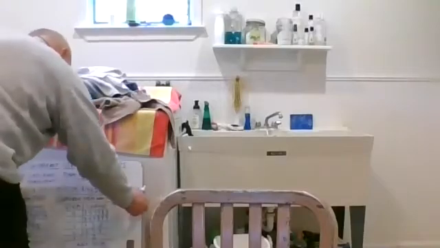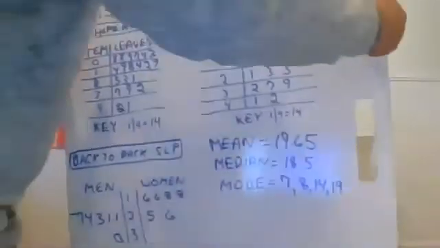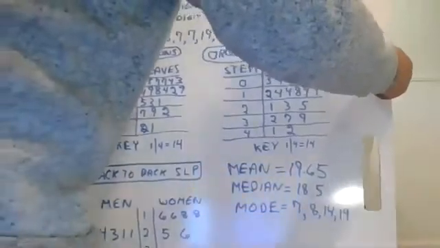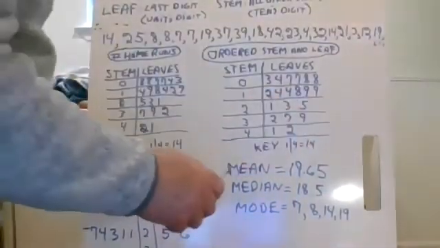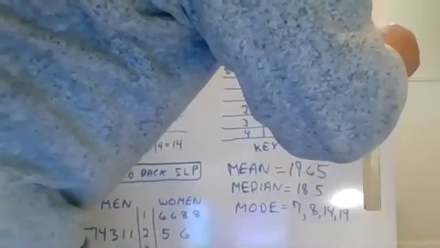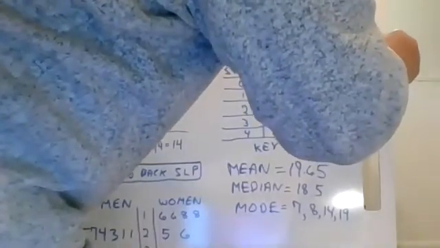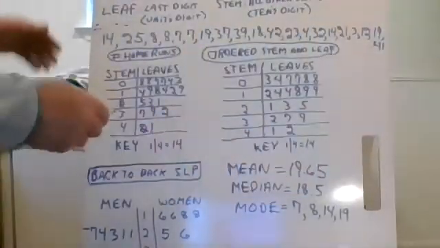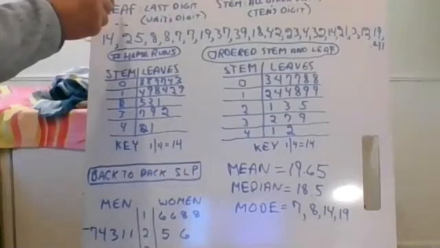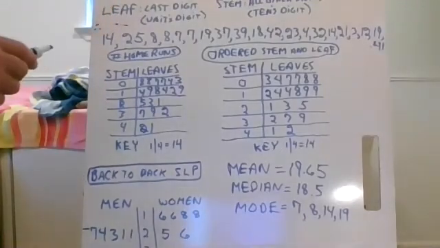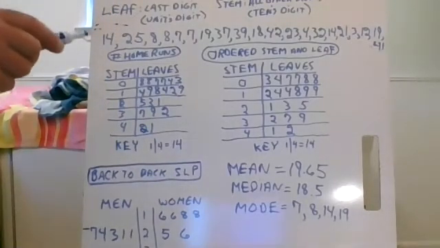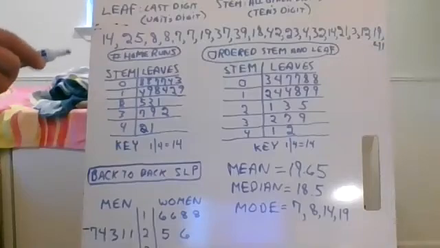That was 10.2. Okay, now we go to 10.4. We skip 10.3. And notice we skipped 10.1.